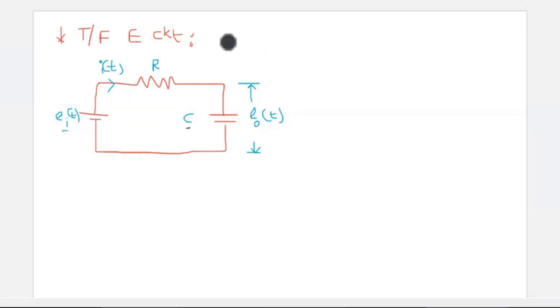What is the transfer function? That is the Laplace transform of output by the Laplace transform of input. We have to find this.